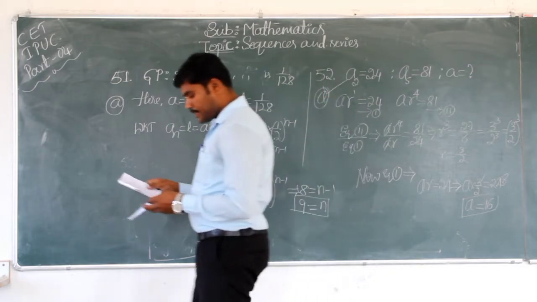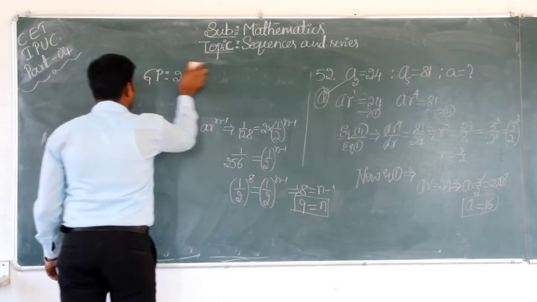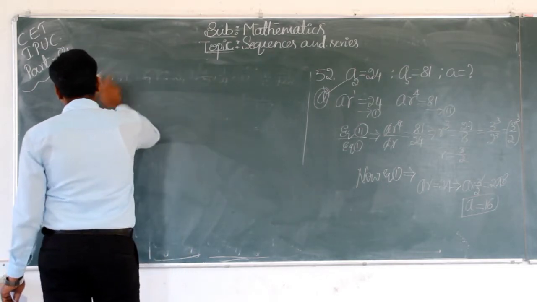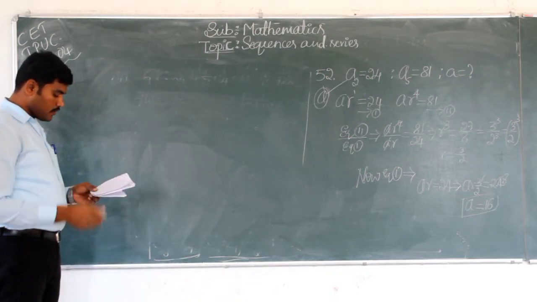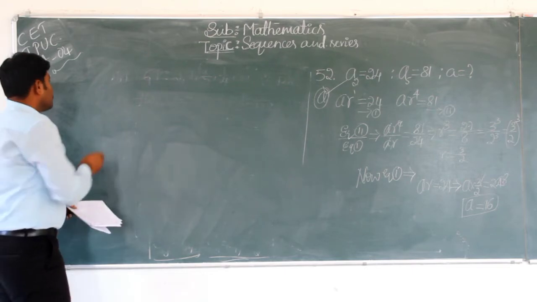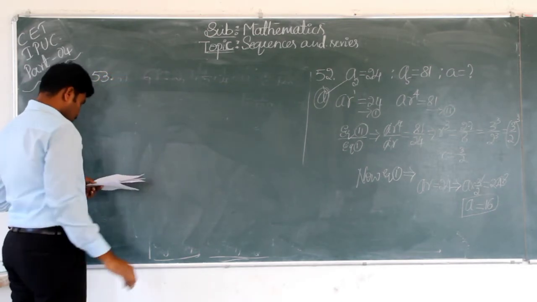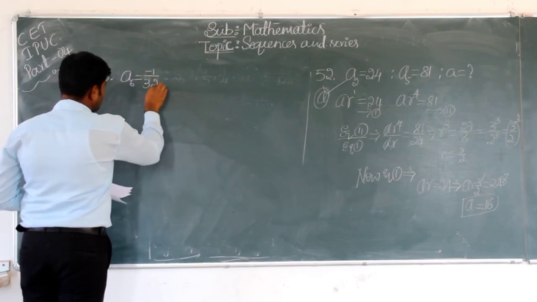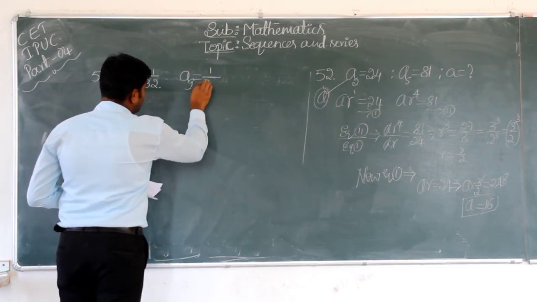So now, next one. Question 53. The 6th term is given, that is A6 is minus 1 by 32, and the 9th term A9 is 1 by 256.